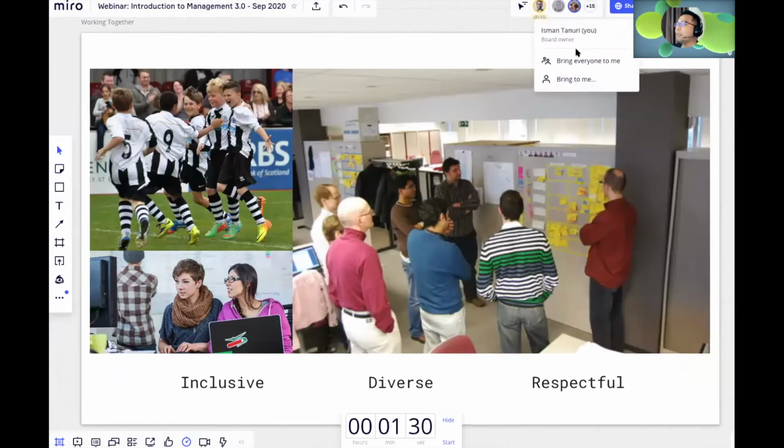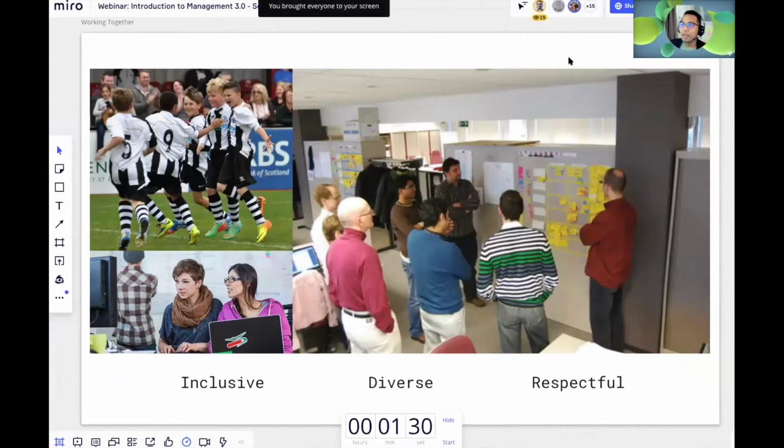I'm going to bring you to my screen in Miro. So Management 3.0 believes good work happens when we work together. Good work happens when we come together, bringing all our ideas, everyone having a voice to contribute to coming up with a solution. Just like any team, in a sports field or in workplaces, how do we collectively tap on the knowledge of everyone in the room?